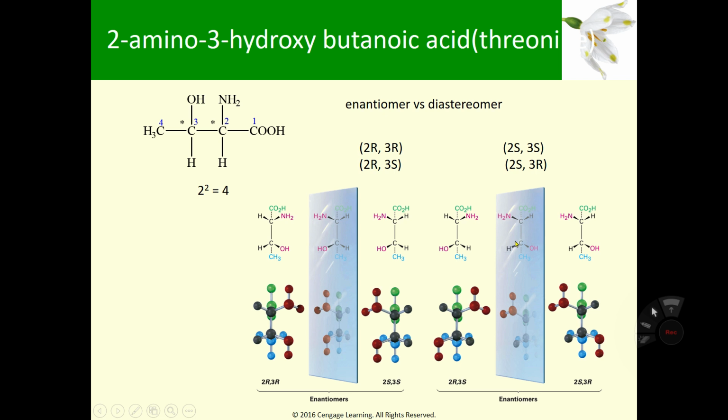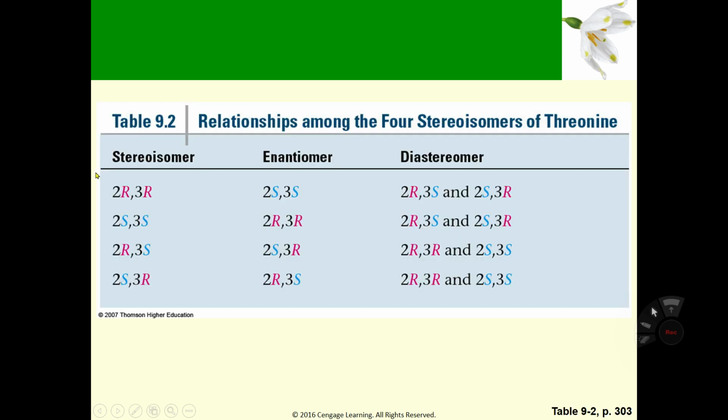Let's summarize it. Now you have the 2R 3R isomer. Now there is one enantiomer which will have the configuration of 2S 3S. Now for the rest of them, we can imagine four isomers. The other two isomers will be diastereomers of this, okay? Now if you pick the 2S 3S isomer, we can easily tell the enantiomer will be 2R 3R.